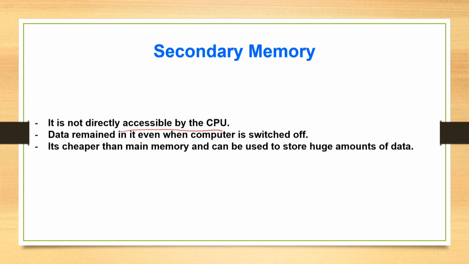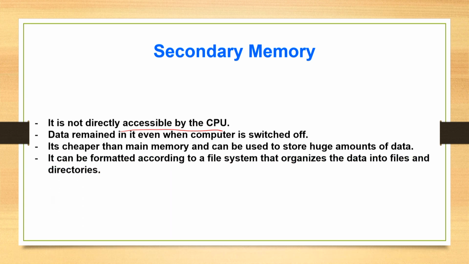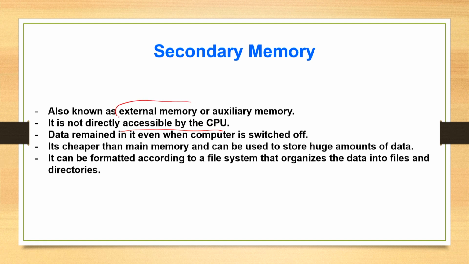It can be formatted according to a file system that organizes the data into files and directories. It is also known as external memory or auxiliary memory. So, this is just about what secondary memory is.